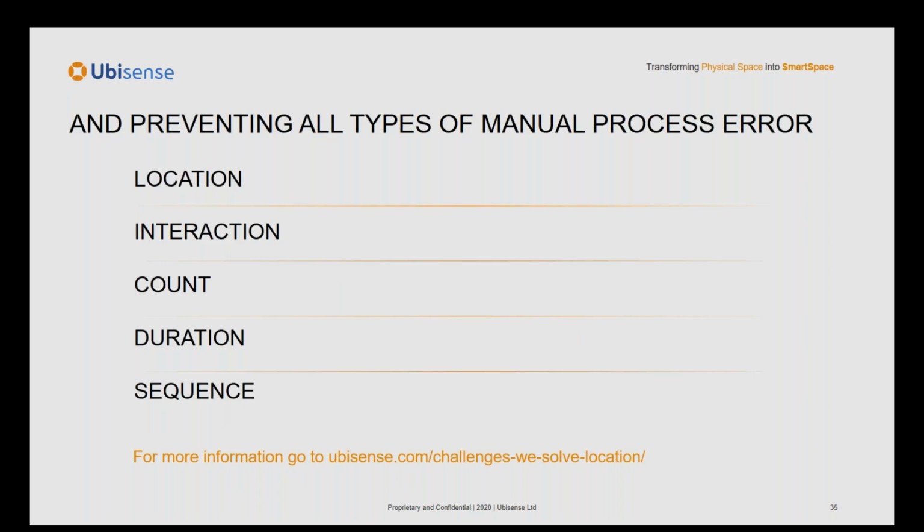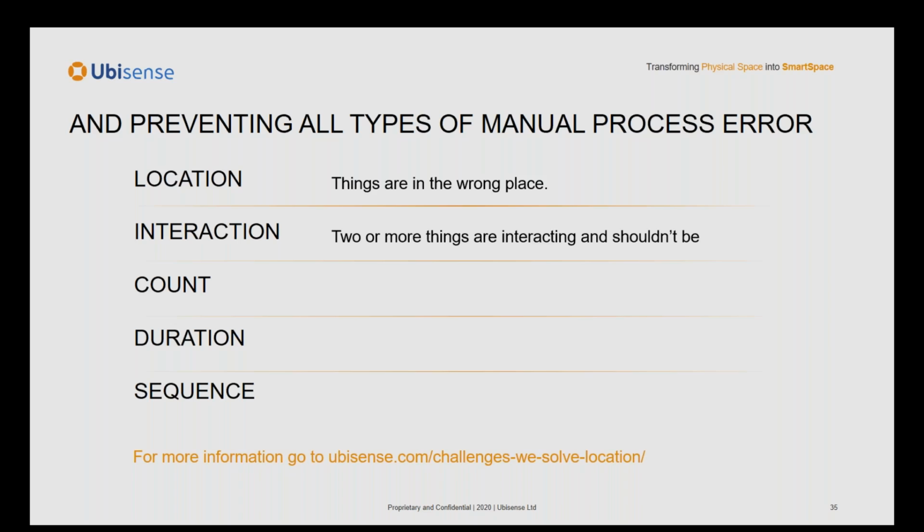I wanted to give you a couple of words about what those other use cases could be. If you go to this specific link on our website, you will see some examples of other use cases we are solving with this smart space software platform. And usually they fall into those 5 categories of manual process error. Location error, for example, things are in the wrong place. That's typically the yard management example.